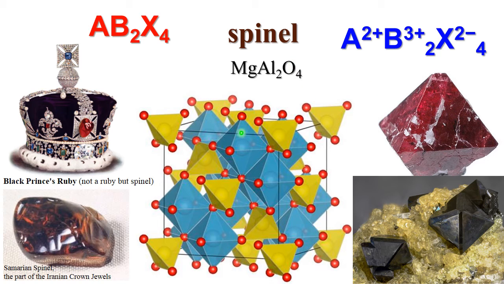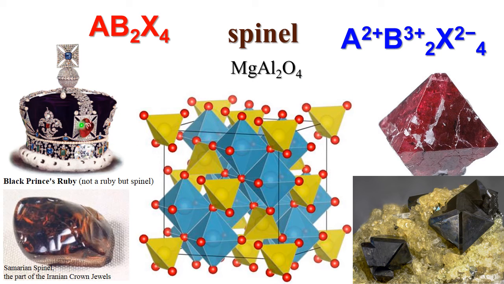We have tetrahedral environment for 2 plus, which is magnesium in this case, and octahedral environment for aluminum. Spinel itself is colorless, but because of impurities it can give fantastically beautiful colored crystals from black to red to different hues.